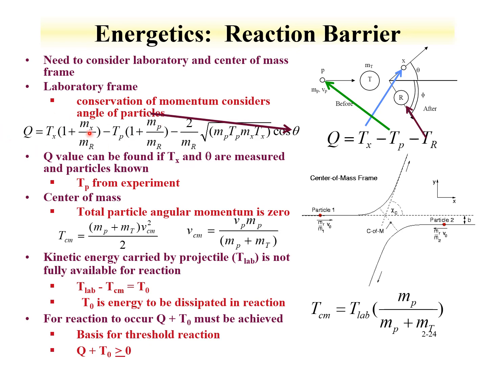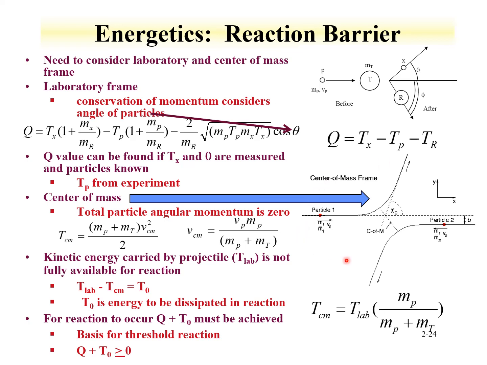Now for the center of mass, where we often do equations, the total particle momentum is 0. In this case, it's as if the products and the reactants are hitting each other, and we get a center of mass frame that looks as shown here.